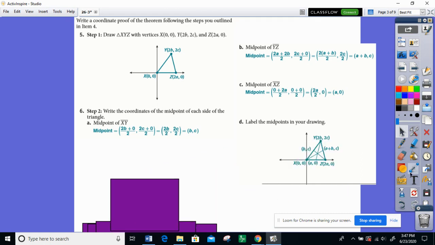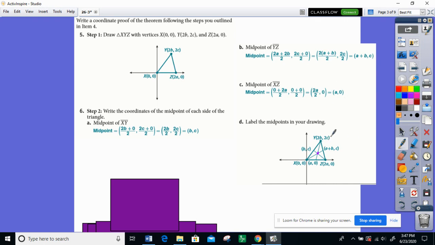So here is what the midpoints look like. And then we've got all of the medians right here intersecting in one point. So this point right here where the medians all intersect, that point is the centroid.